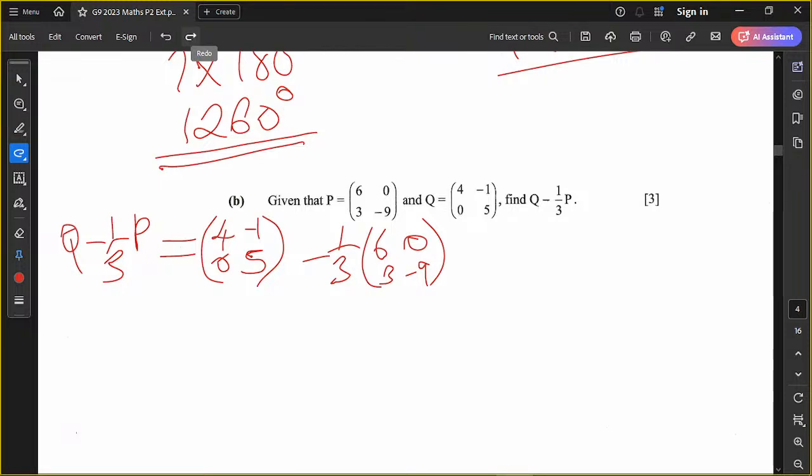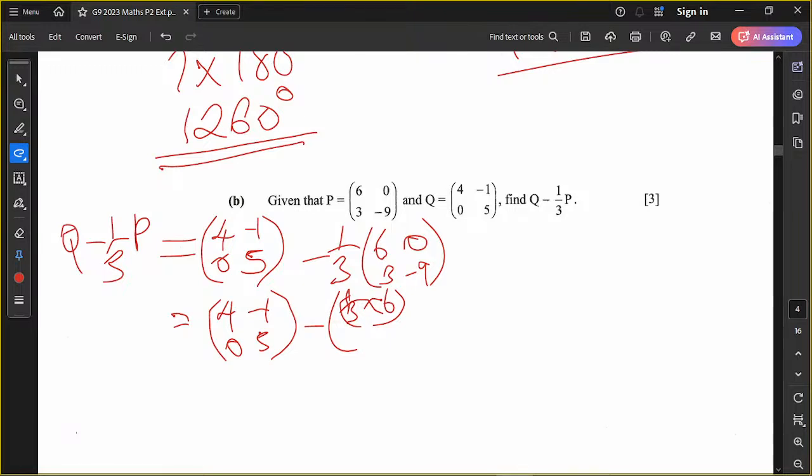So what I was saying is I'm going to do this. I'm going to rewrite that, which is 4, -1, 0, 5, then close bracket, minus, then I'm going to open bracket, then I'm going to say 1 over 3 times 6, close bracket.